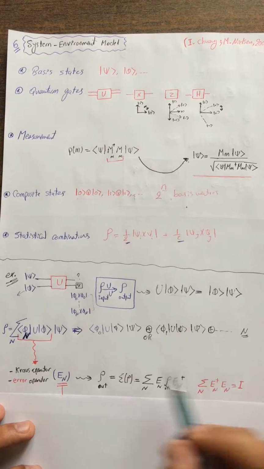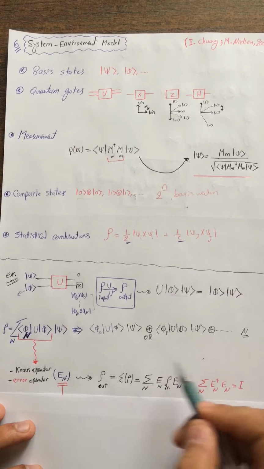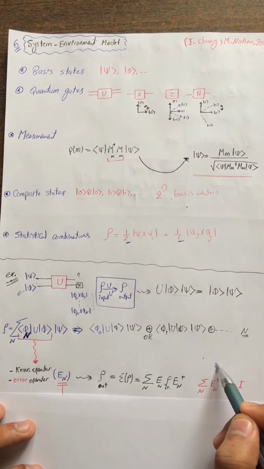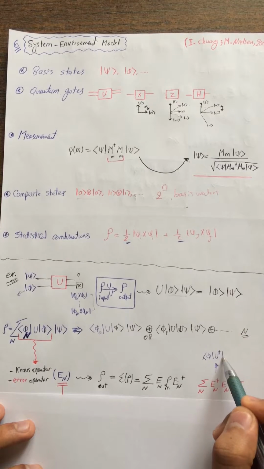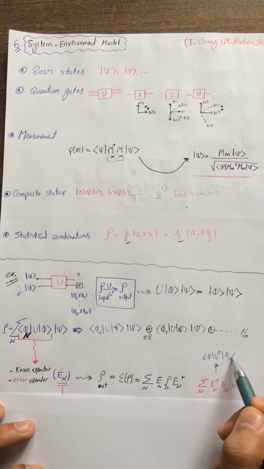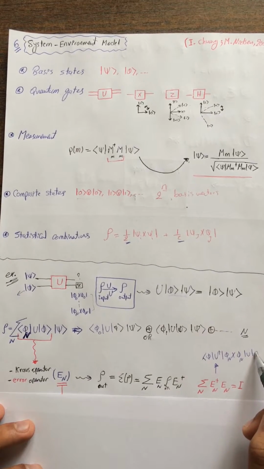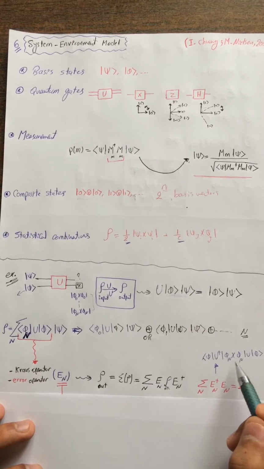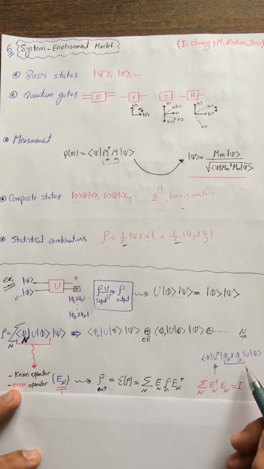Okay, so if you look here, you can sandwich because this is the conjugate, so it would be like this. And with the wave function here. So, this forms an orthonormal basis set. This is the identity matrix actually.